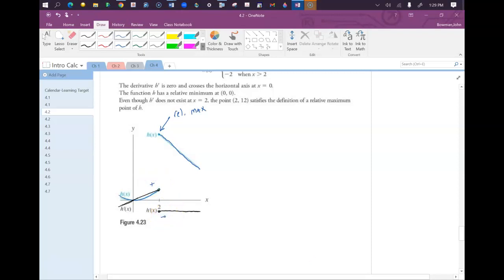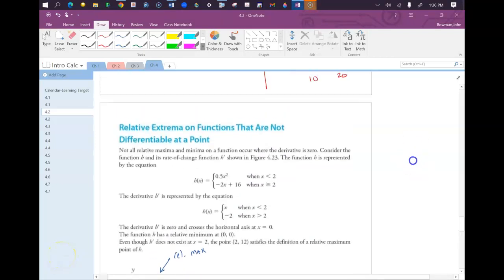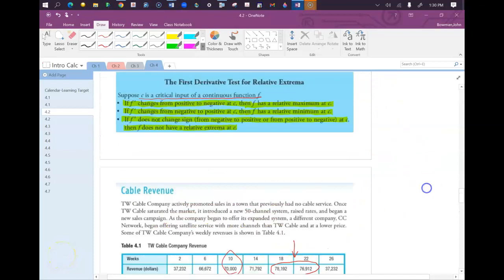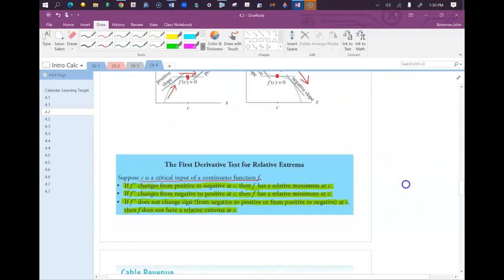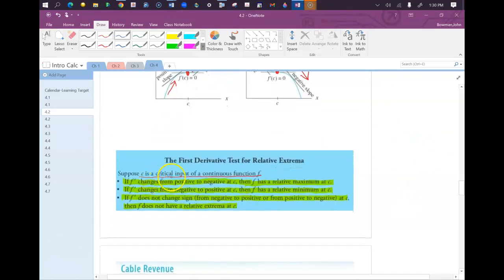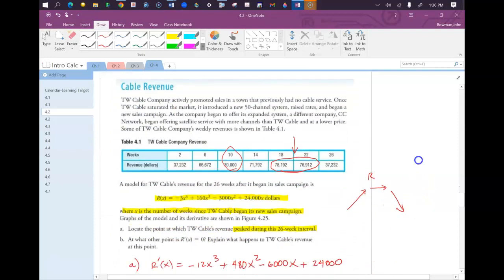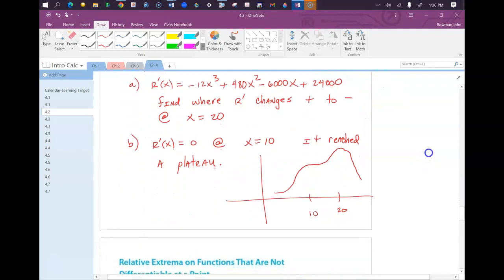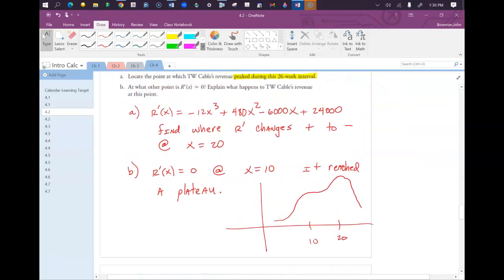And you will also notice that h prime of x changes positive to negative here. Well, there's a problem with the first derivative test there. It says, suppose c is a critical point of a continuous function. So the assumption there is that you have a continuous function. If you have a continuous function, like we did in our last example, and R prime goes positive to negative, then we know we have a maximum.